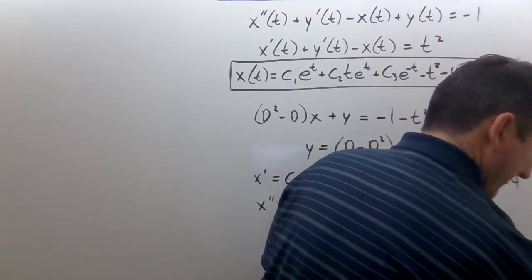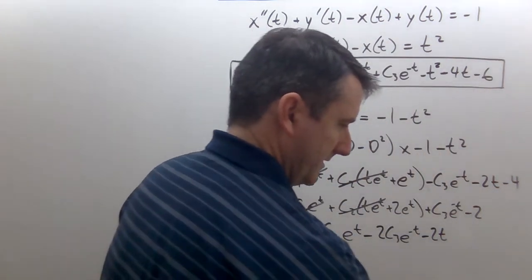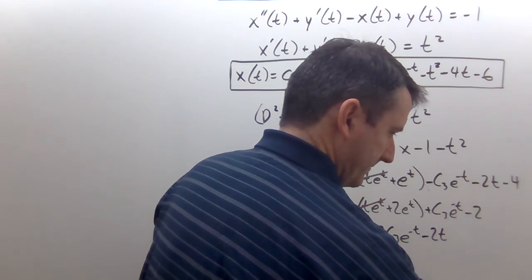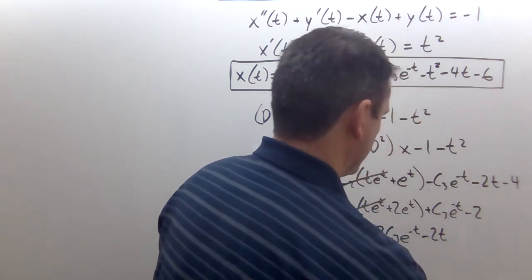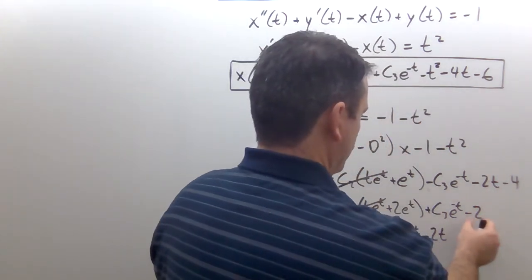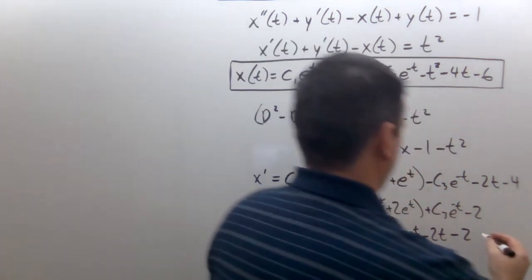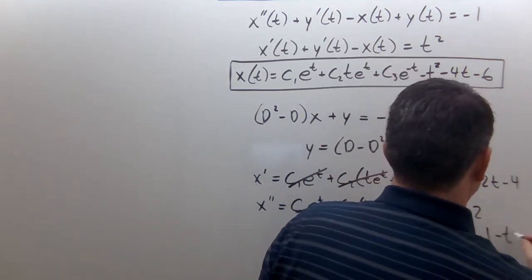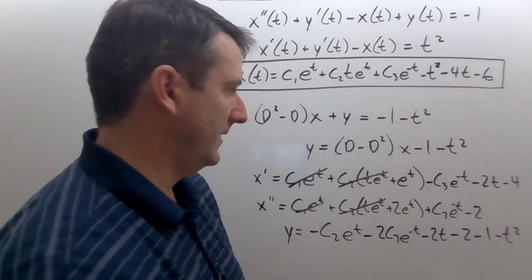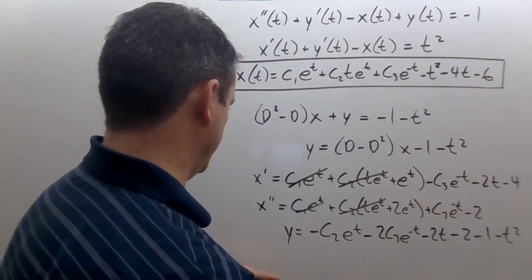Did I mess something up here? No, minus 4 minus negative 2 is minus 2, right? Then minus 1 minus t squared. All right, and we can reorder this a little bit.